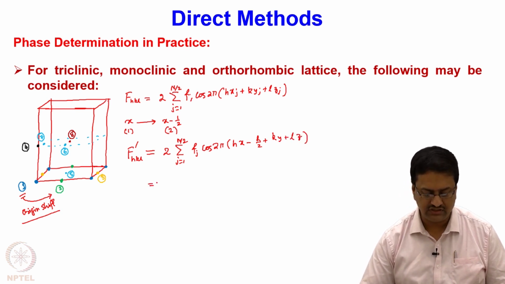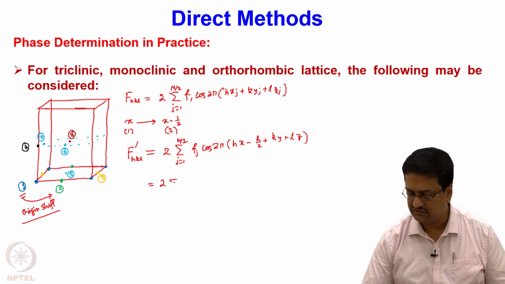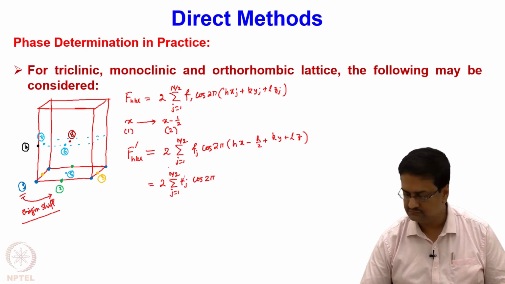or that can be written as 2 times sum over j equal to 1 to n by 2 F_j cos 2 pi (Hx plus Ky plus Lz minus pi h).